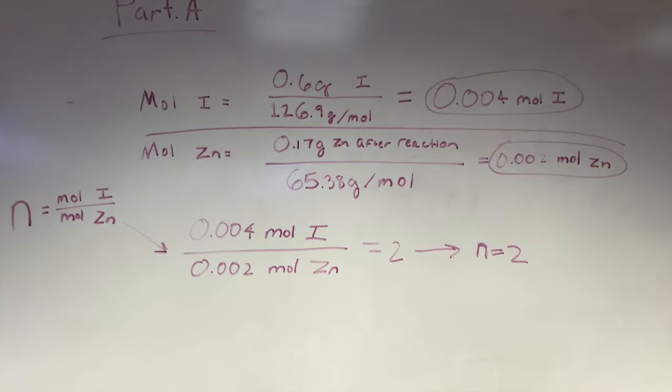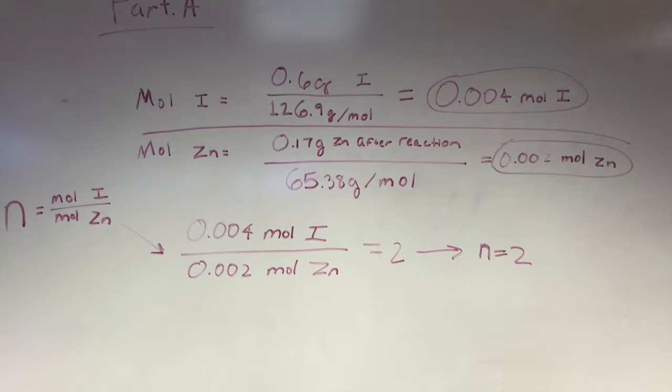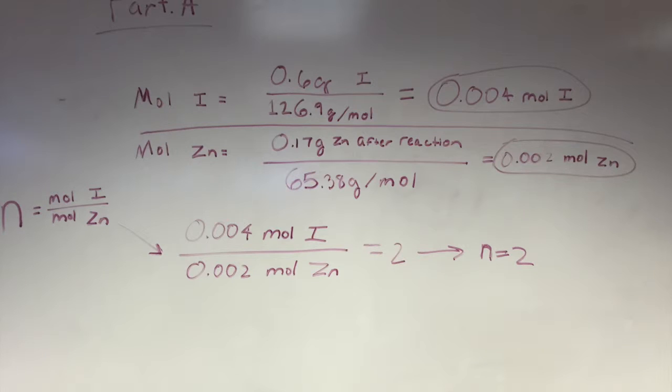For the zinc, we measured the mass of the beaker with the dry zinc in it versus the empty beaker and got 1.1 grams of zinc remaining.